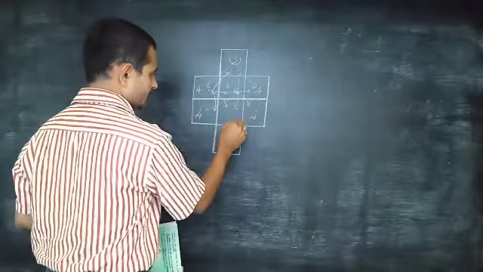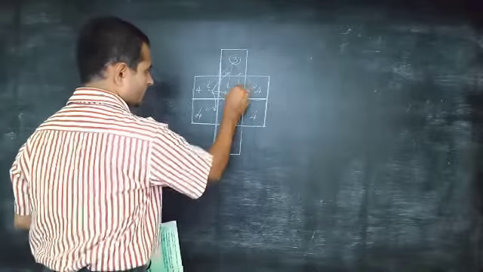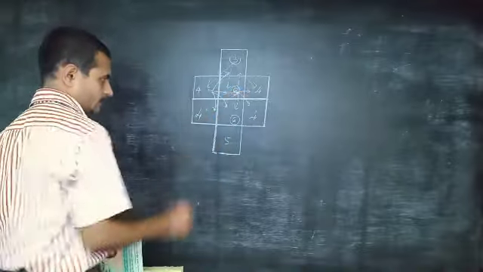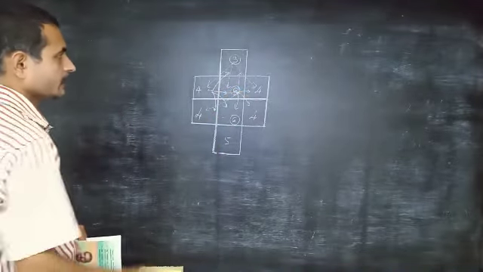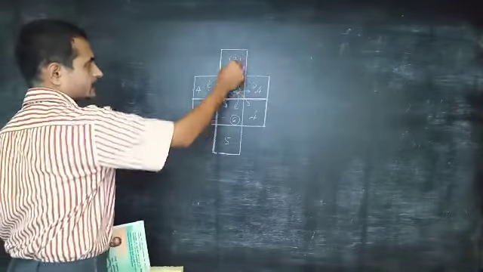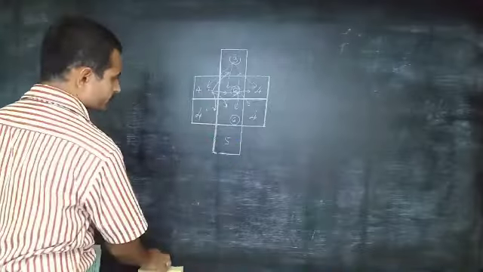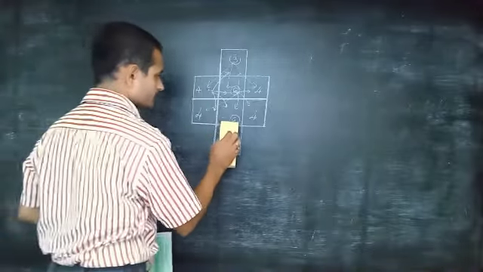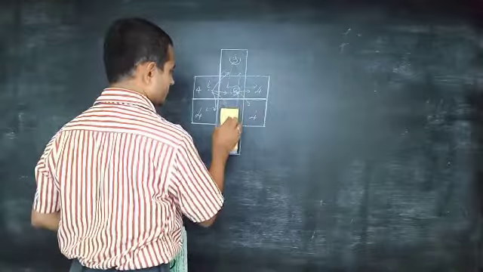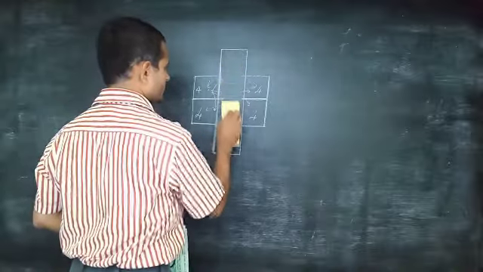This has 6 adjacent squares. So here more adjacent squares, here fewer adjacent squares, correct? That is logic number 1.